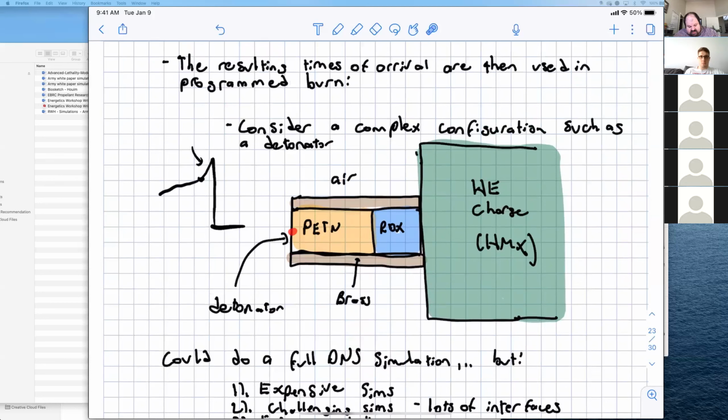I'm going to initiate this charge here, and then I know that, say, at time equal to 1 microsecond, the detonation front is going to start here, and it's going to propagate maybe over to here. And then basically what you do is you take that time of arrival plot and set up your computational grid.